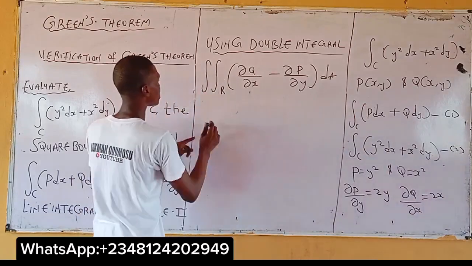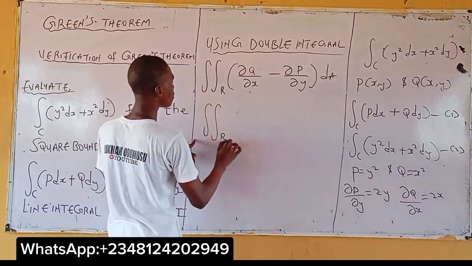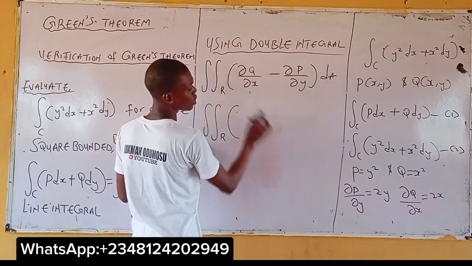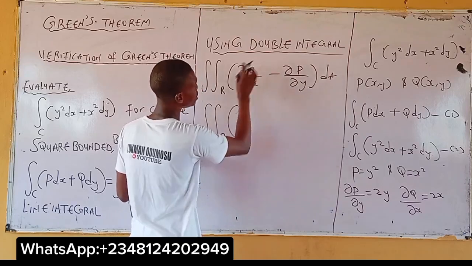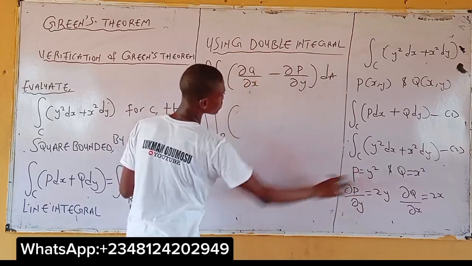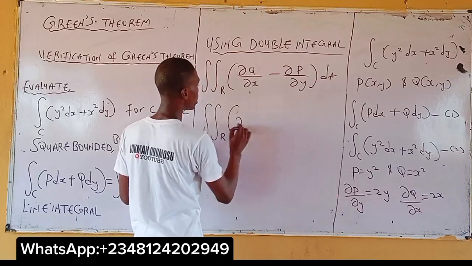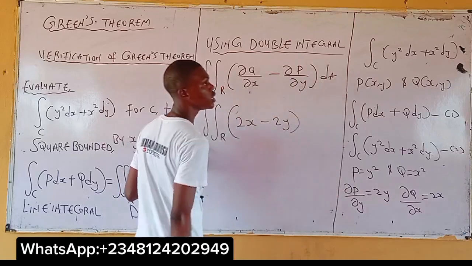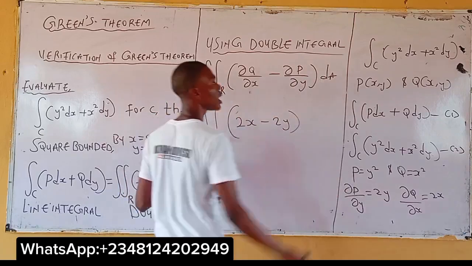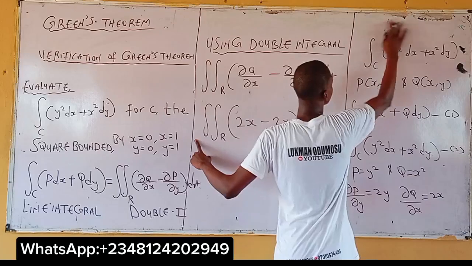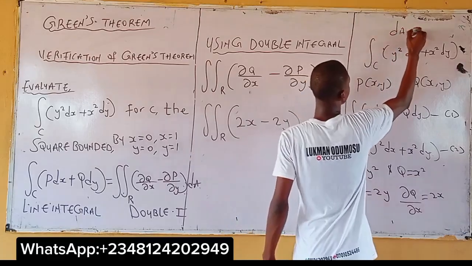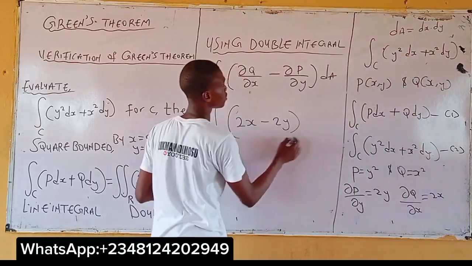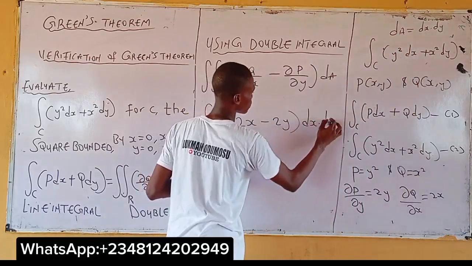Meaning the double integral over R of the bracket, 2x minus 2y. What the dA means is your area, take note, dA is equal to dx multiplied by dy. So substitute that also.